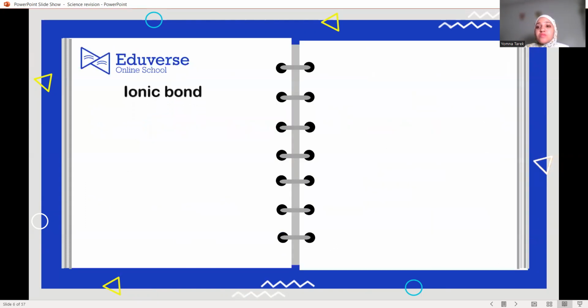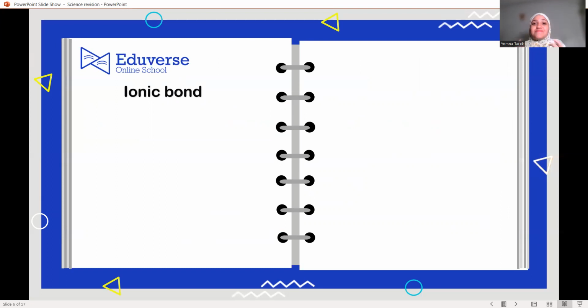What is ionic bond? Do you remember when we said that metals tend to form positive ion and lose electron? This electron that's lost from the metal, where is it going to go? To a place. It's not going to fly in the space. And what about the negative ion? It will gain electron. From where will it gain this electron?